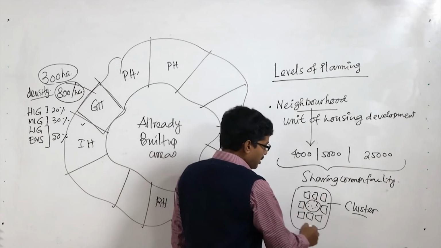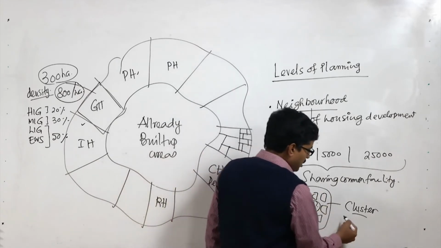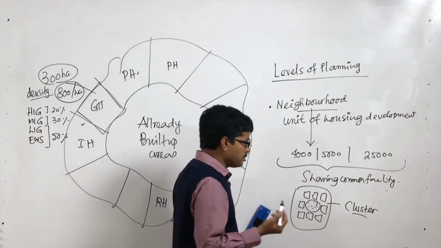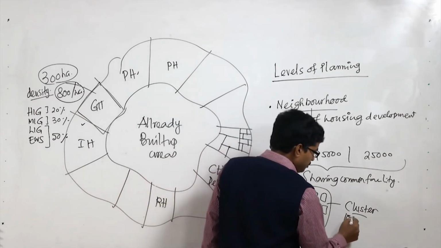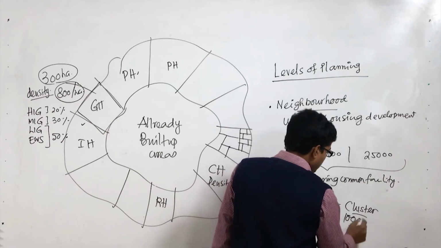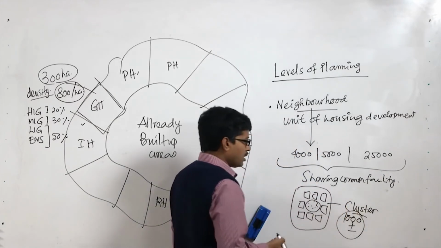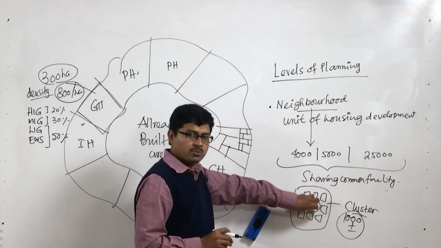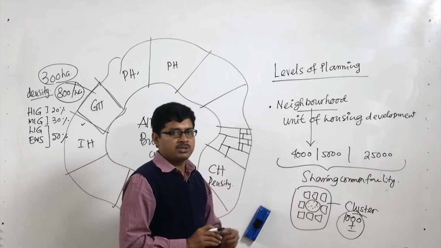So, this is one cluster, it can be a cluster of say 10 houses or 15 houses or 20 houses, and the population could be 1000 or even less. More or less this kind of population can be catered to by one cluster. One cluster basically gives you a mandate to have at least one community place where the children can play.